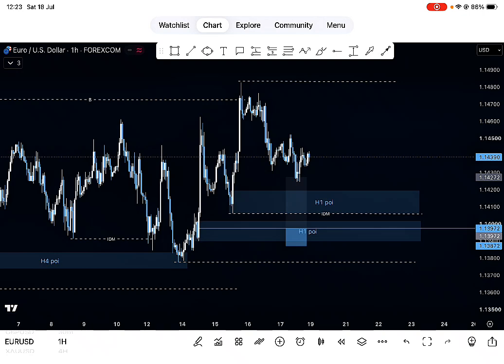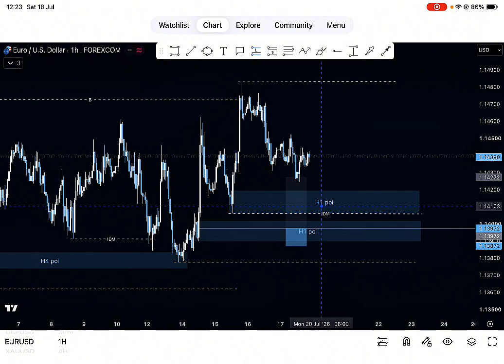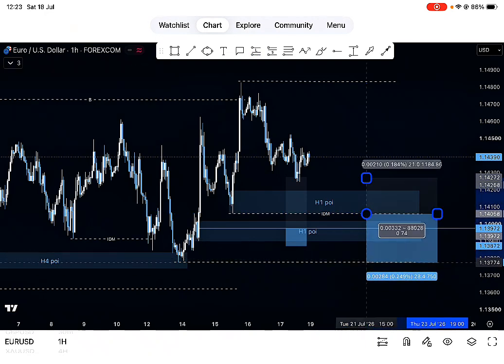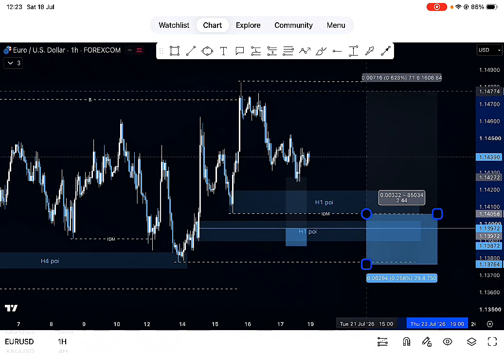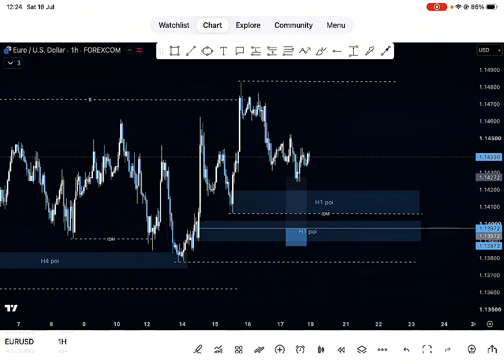Some can as well place their order directly from this low, from this first POI, so that when price induces it, they keep their stop loss from here. This is still very good as well. It depends on your strategy, your risk tolerance, all that. So this is my scenario, what I'm looking at for this new week.